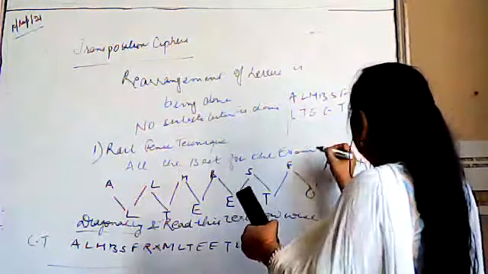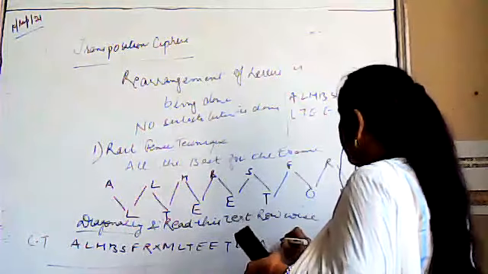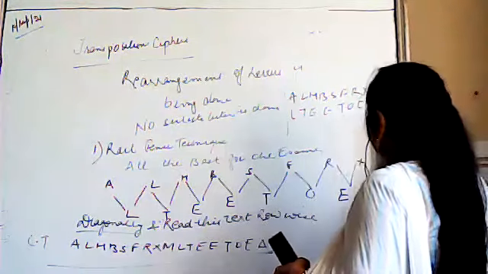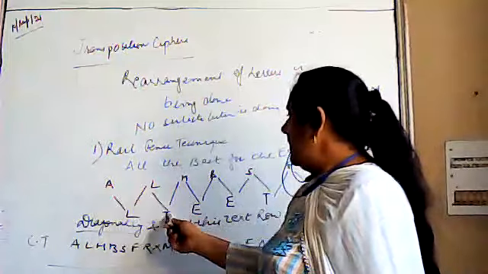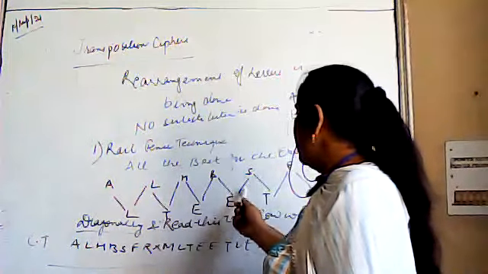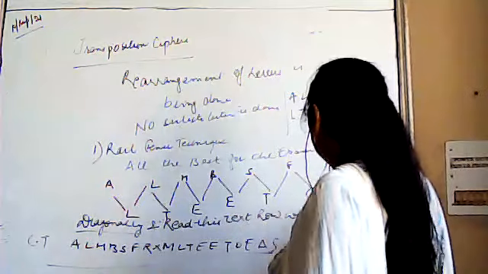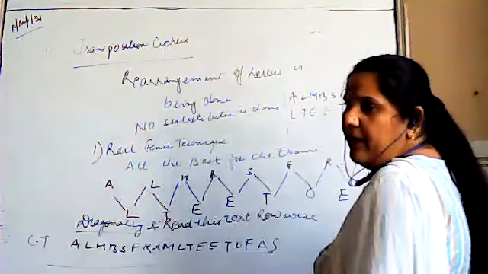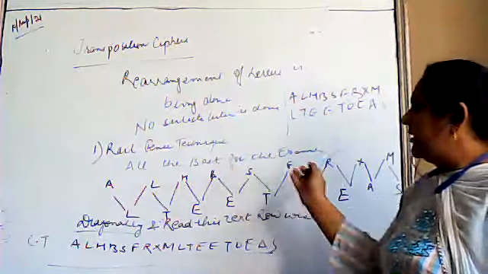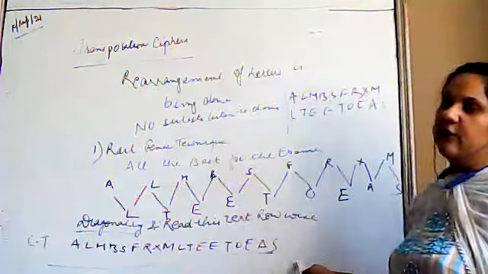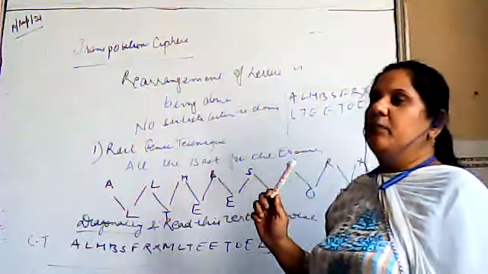Fine. So A L L T H E B E S T F O R E X A M S, and just read them in a single row. So this would be the equivalent ciphertext of the given plain text.